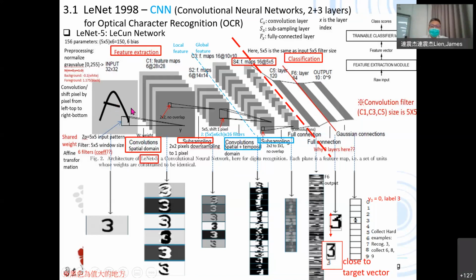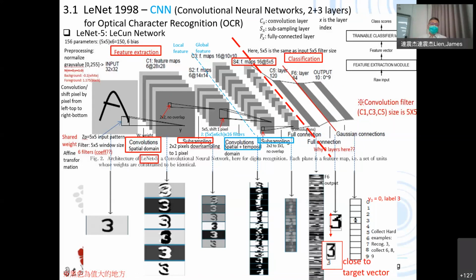Okay, so this is the input. This is the output. So in this one, they separate to 2 parts. The first part we call feature extraction. This one is feature extraction. This part we call feature classification.